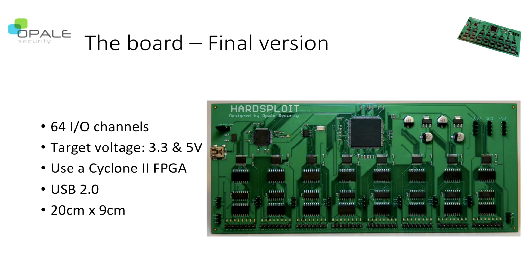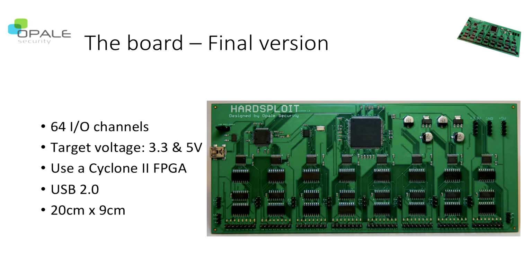It's the result, the final version of the board. So smaller, of course. We have 64 GPIOs, like I said, with an LED for each of the pins. You can connect a target working on 3.3 or 5 volts.